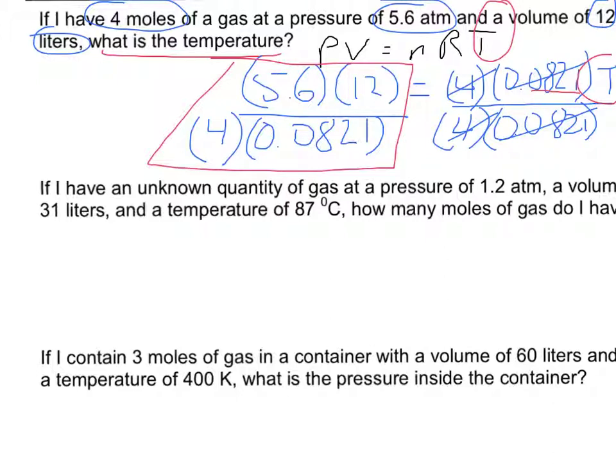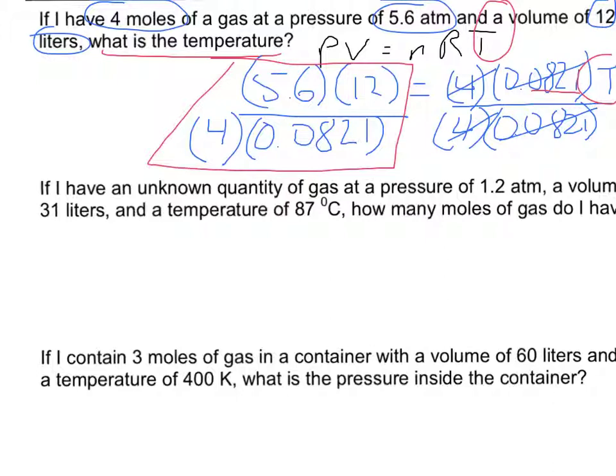The big mistake would be if the pressure is given in atmospheres and you use the gas constant R as 62.4. That's a big mistake because that constant matches millimeters of mercury, not atmospheres.